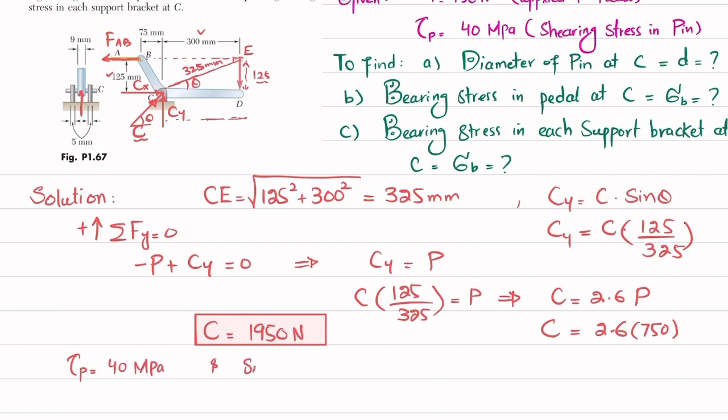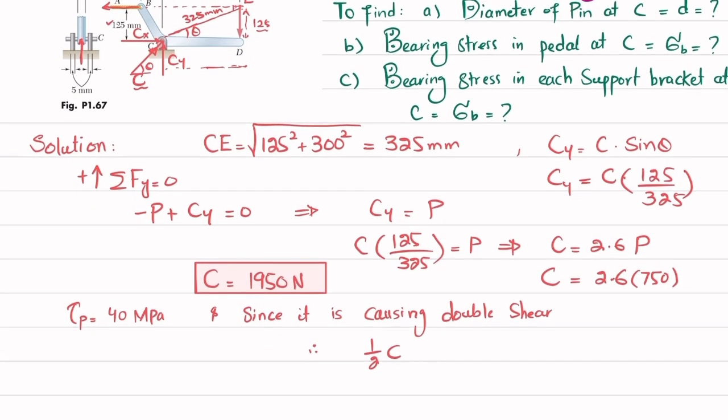And since it is causing double shear, therefore the single shear force will be equal to 1/2 times C.